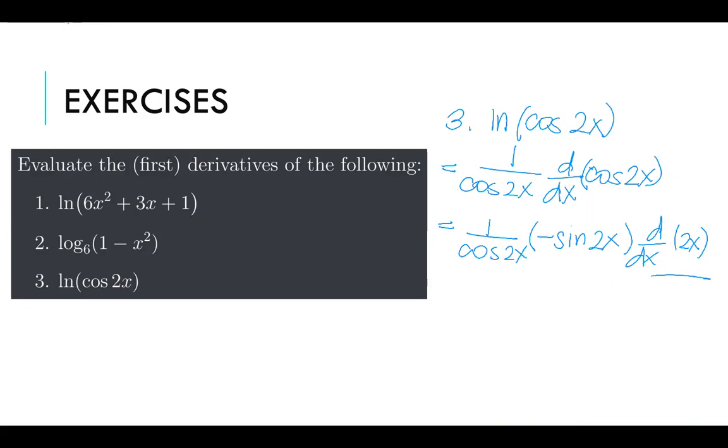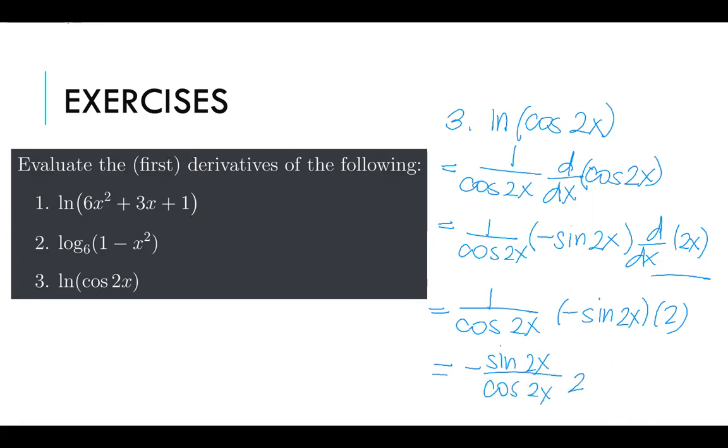So we have the final function 1 over quantity cosine 2x multiplied by negative sine 2x multiplied by 2, which is equal to negative sine 2x over cosine 2x times 2.